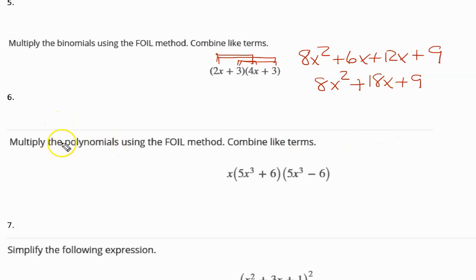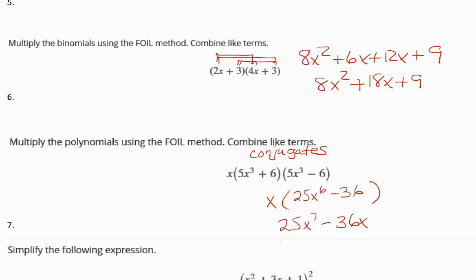Now jumping down to number 6, notice we're using the FOIL for these two, and then we're going to multiply everything by an x. Notice these are conjugates. So when you do your FOIL, you're going to get the difference of perfect squares in here, multiplied by the x, and let's see what you get.